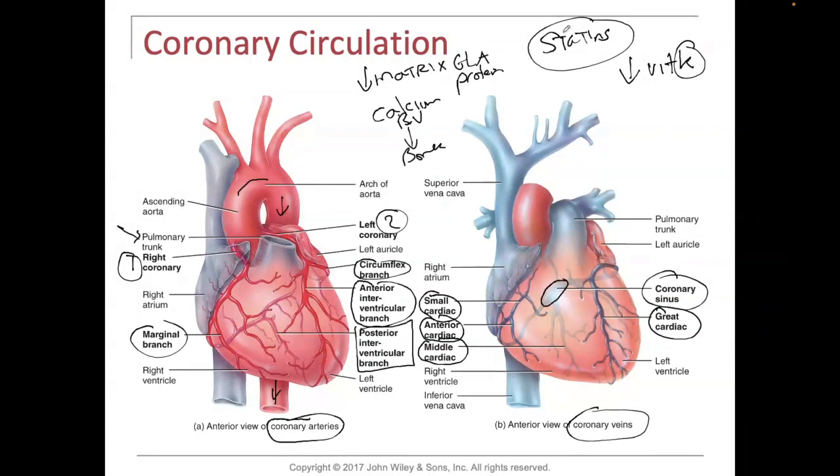So when the statins decrease the amount of vitamin K that we have, vitamin K is needed to activate matrix GLA protein. If you can't activate GLA protein, then the calcium stays in your blood vessels. You get calcification of the blood vessels, which increases your blood pressure.